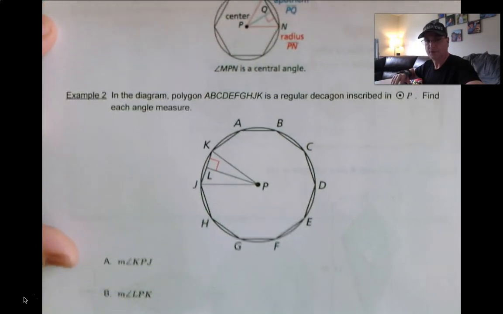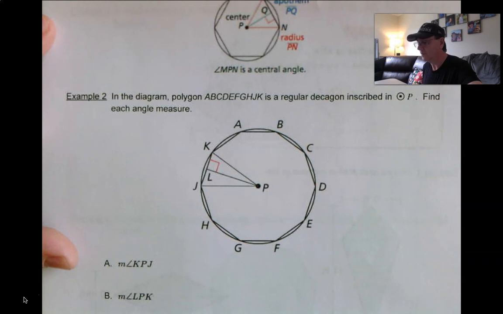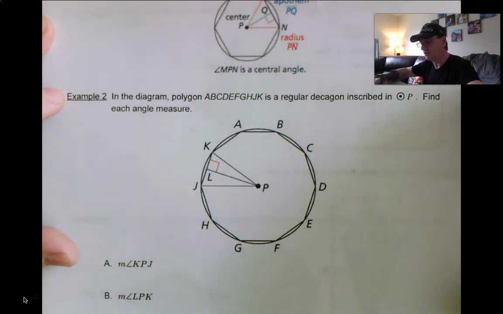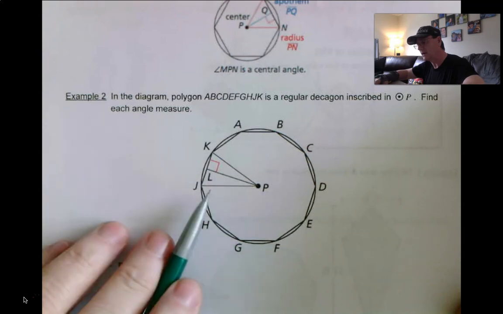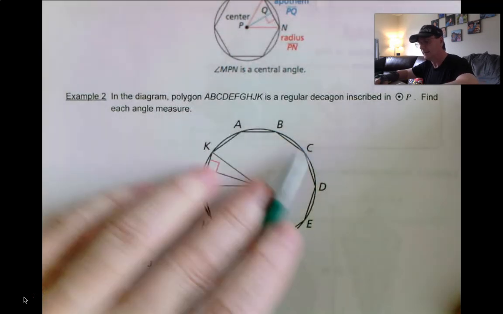All right, example 2. In the diagram, polygon A, B, C, D, E, F, G, H, J, K, we skip over I because I's are easily confused with L's, is a regular decagon inscribed in circle P. Find the measure of each angle. So we want to find the measure of angle KPJ, because this is a decagon.